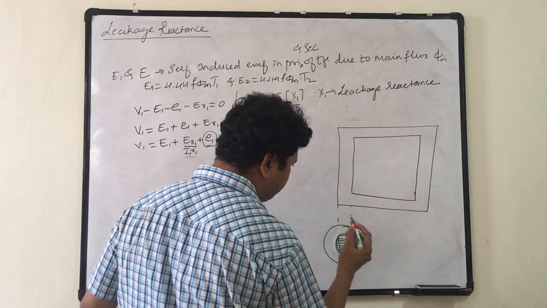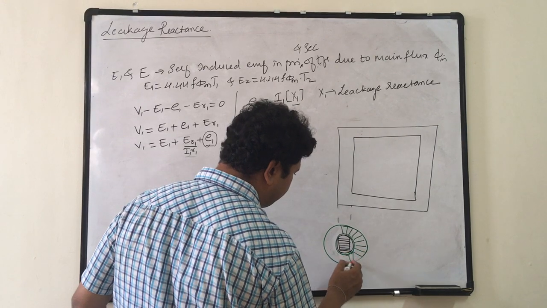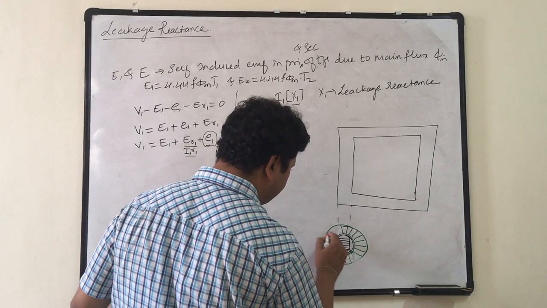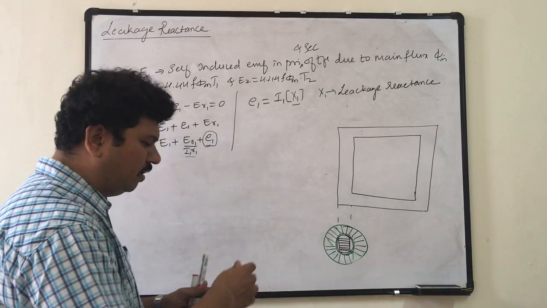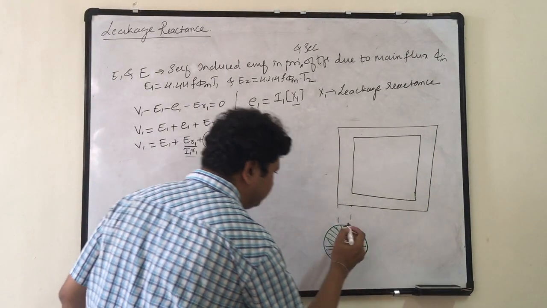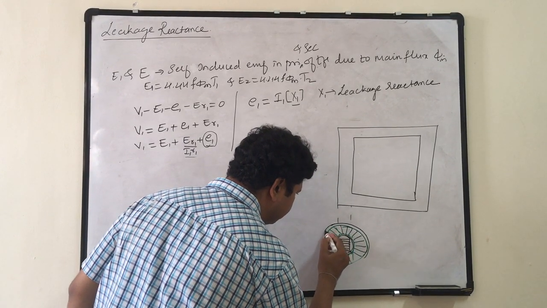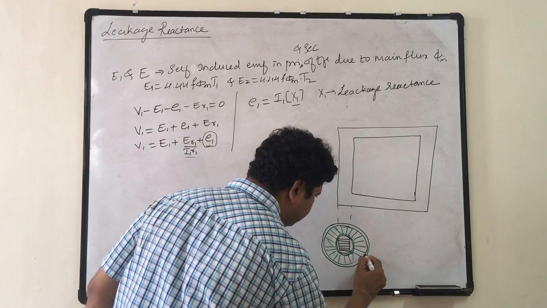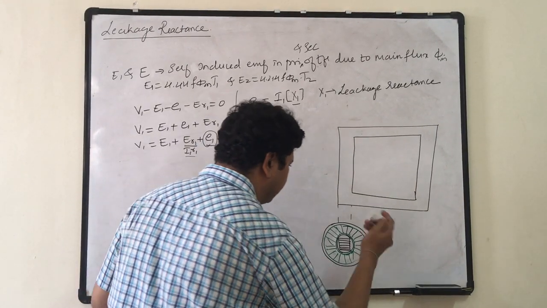Okay. Now suppose this is the primary winding. Then I will provide a small air duct, a gap.